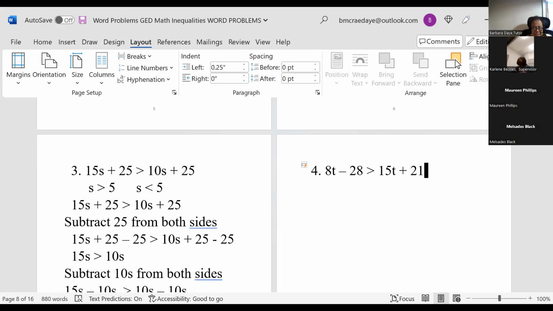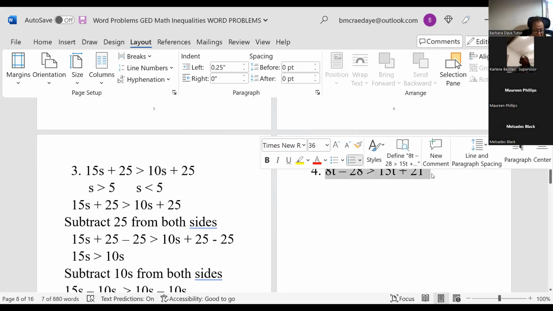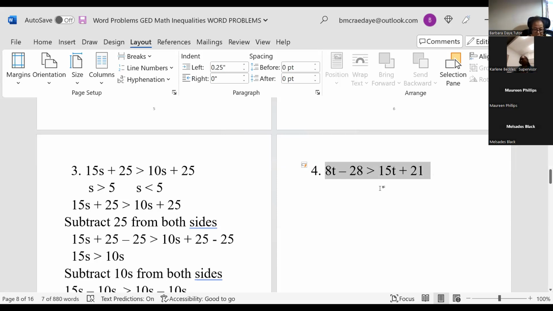Anyone got an answer? Let me see. Remember, your variable t will be on the left. So perform the operations to get that t on the left. Get your constants on the right.